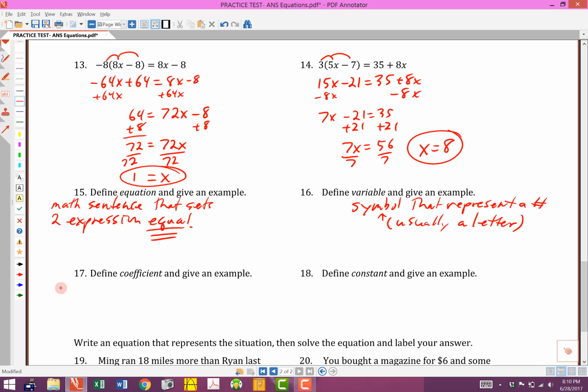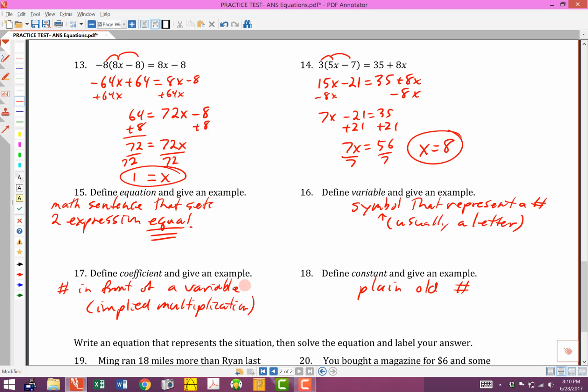To emphasize that, it's implied multiplication. And then constant. Constant is a plain old number. Regular old number, no variables, nothing weird or anything like that.